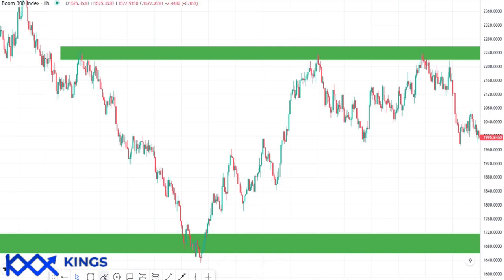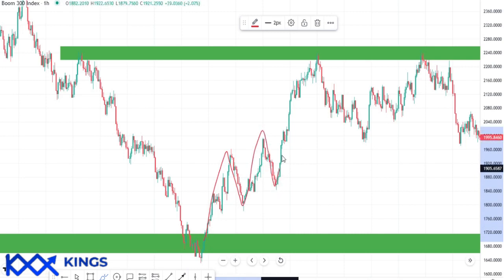The price created a new high, then low, high, low, and the price pushed impulsively to this level. Just the same thing I was explaining, right? So how the price approaches your resistance zone is very important.